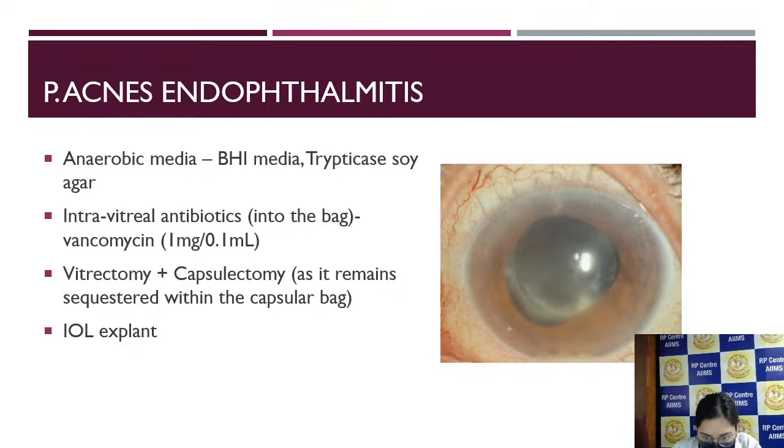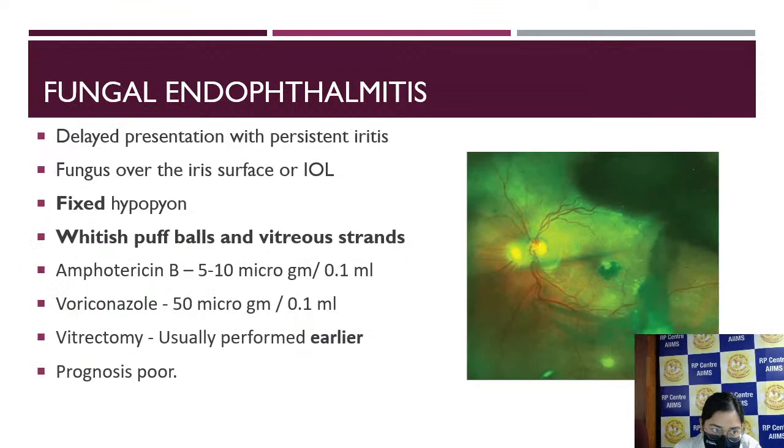If such a case is suspected, we have to keep an anaerobic media at hand, which includes a BHI, brain heart infusion media, or a trypticase soy agar. Intravitreal antibiotic is also to be injected into the bag. Vancomycin does have an activity against this. Vitrectomy plus capsulectomy plus IOL explant should be done as the bacteria remain sequestered within the capsular bag.